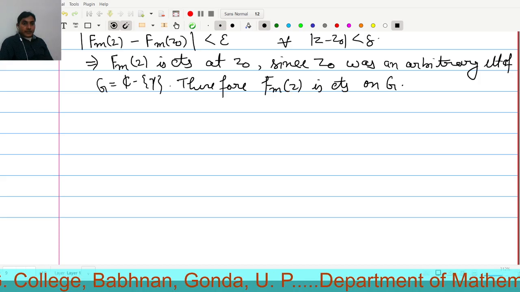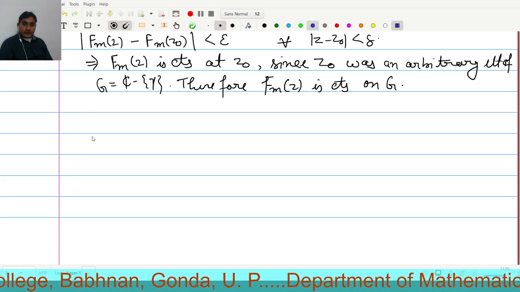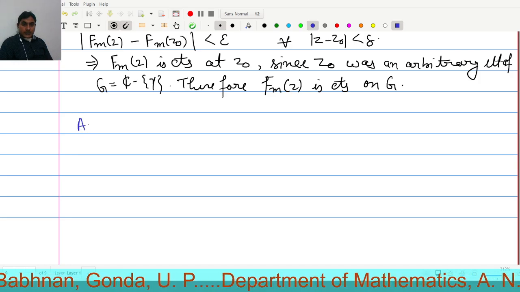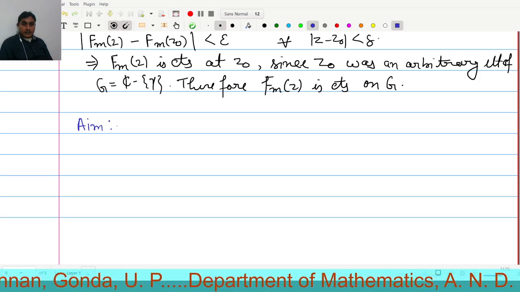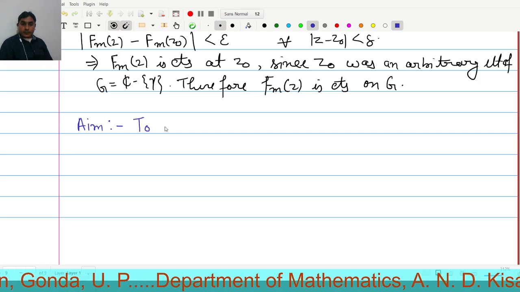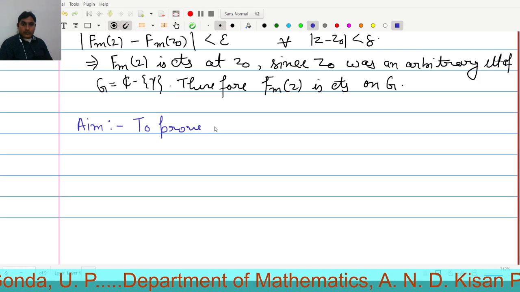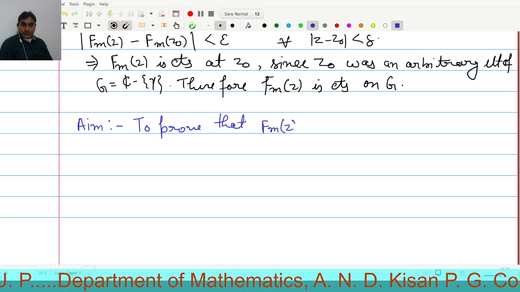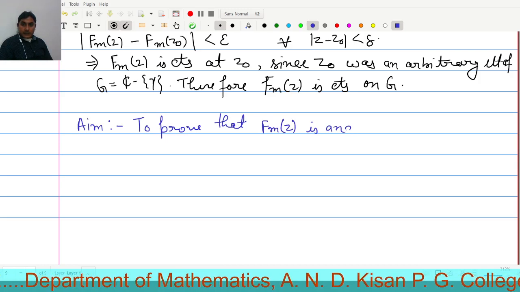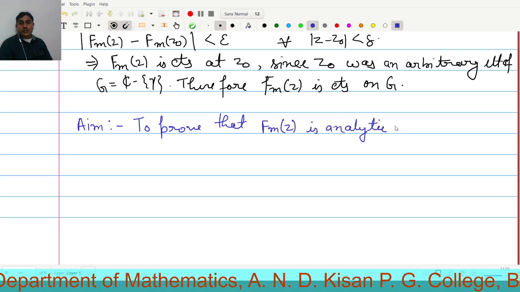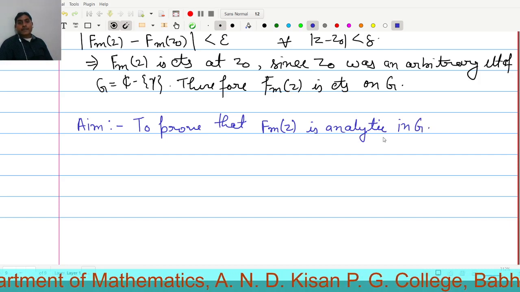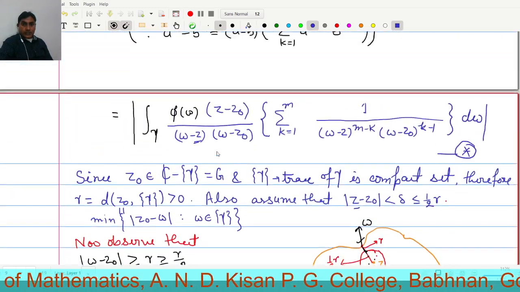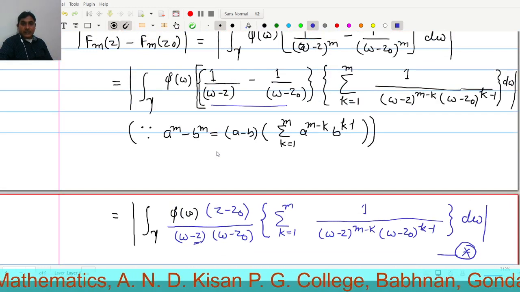Okay. Next thing is to prove the analyticity of f_m. Second, to prove that f_m(z) is analytic, it is not only continuous but analytic in Z. So to prove this, observe this particular relation star.